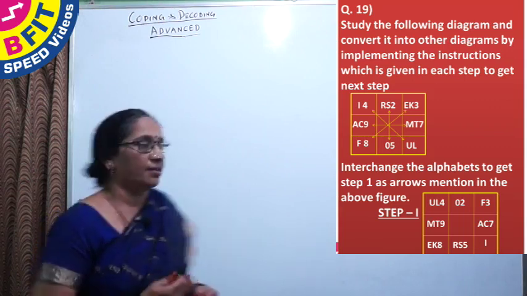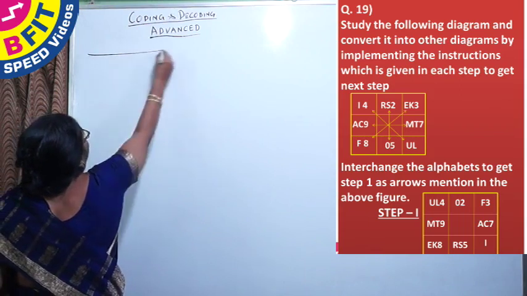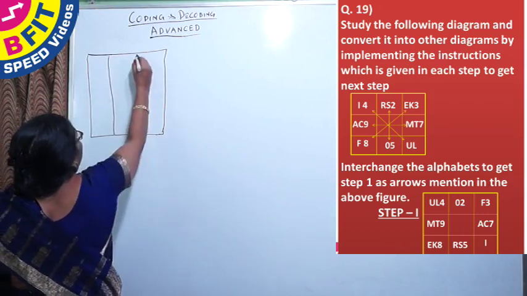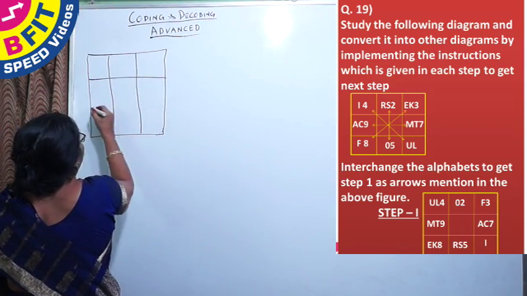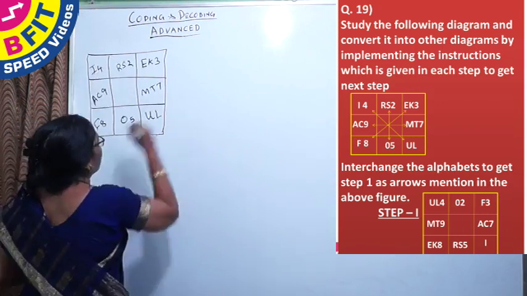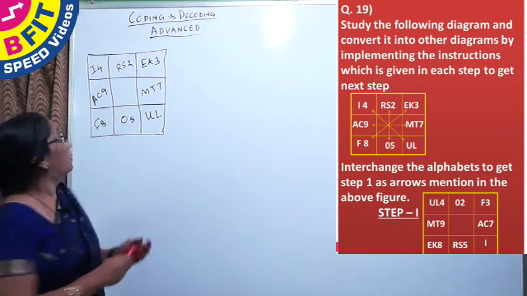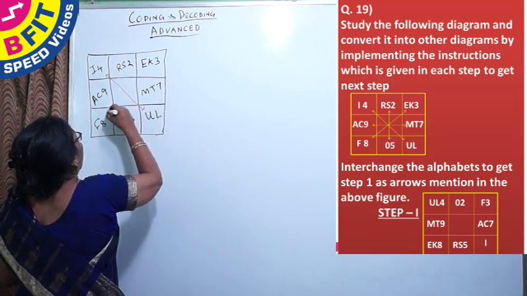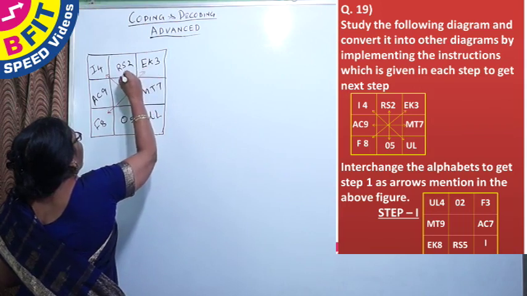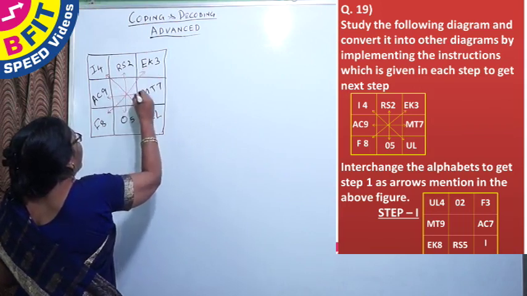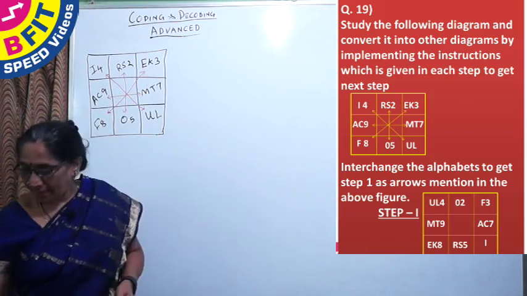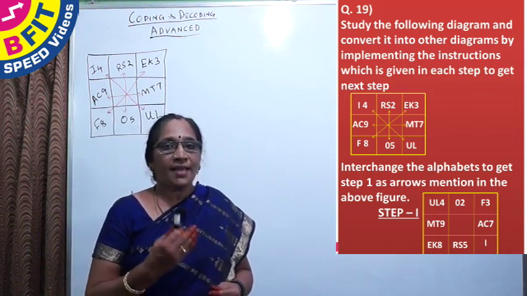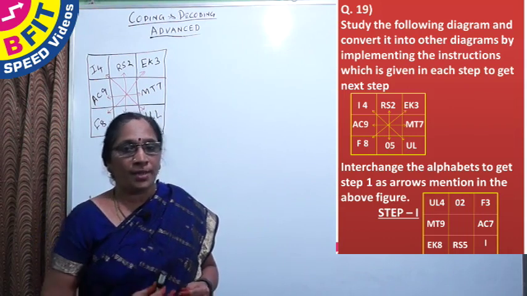The given input is... we will have to interchange the alphabets to get the step 1 as the arrows mentioned in the above figure, and let us go to step 1 now.